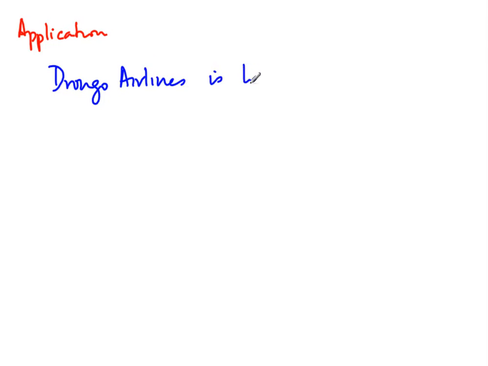So let's look at some typical applications where we might want to find a spanning tree. Okay, so let's assume that Drongo Airlines is losing money, right?